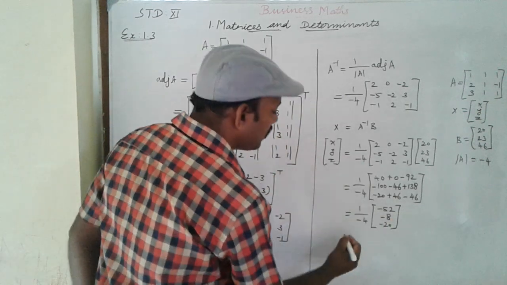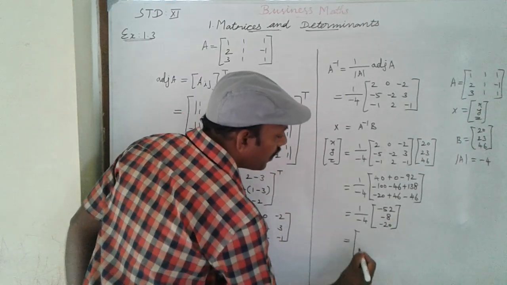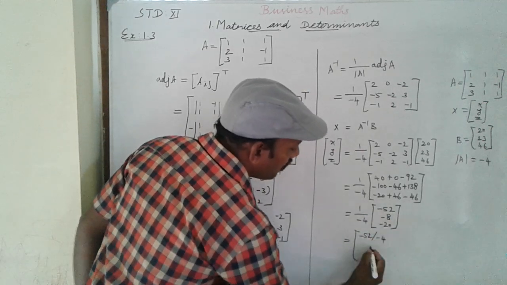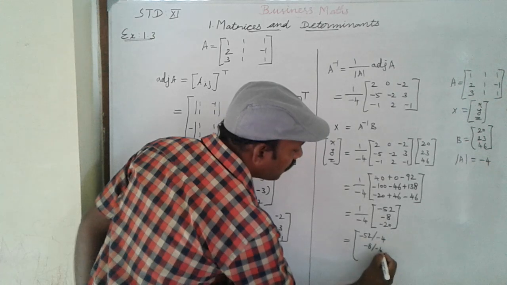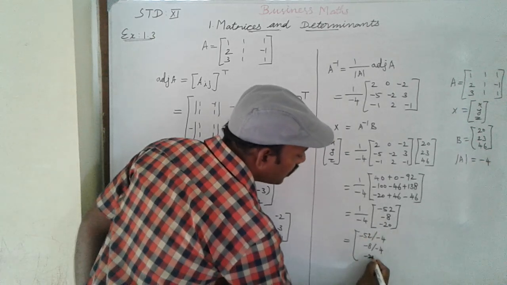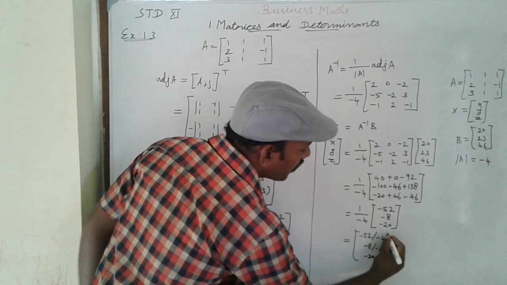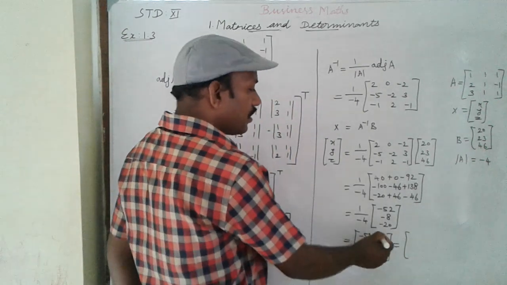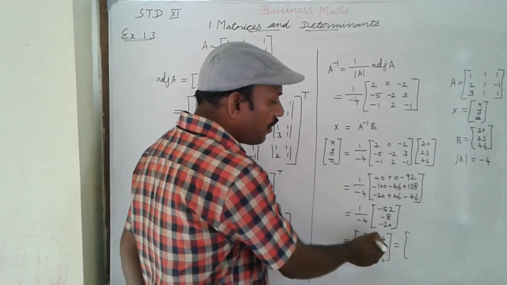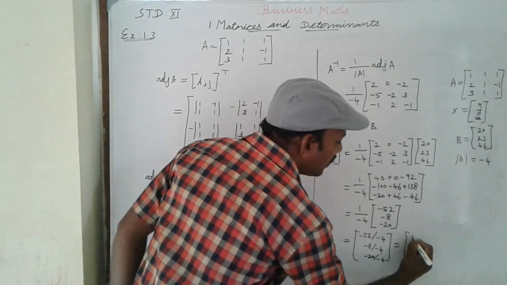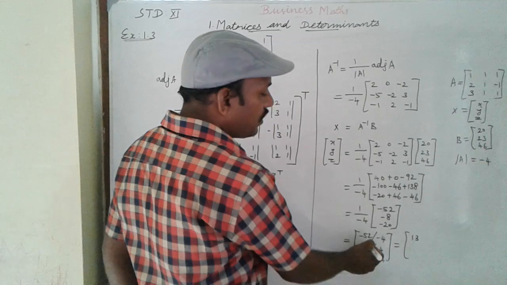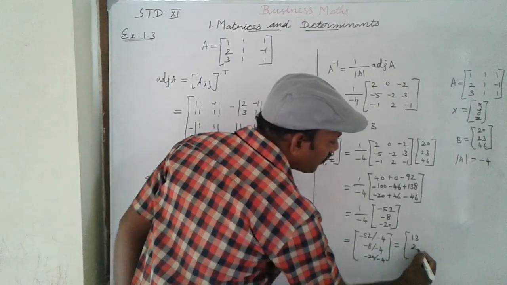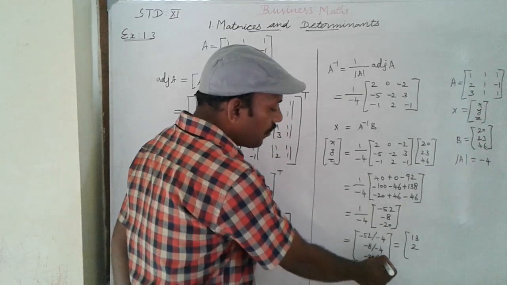Next we should divide by minus 4. Minus 52 divided by minus 4. Minus 8 divided by minus 4. Minus 20 divided by minus 4. Minus minus cancel. 52 divided by 4 is 13. 2 fours are 8. 20 divided by 4 is 5.